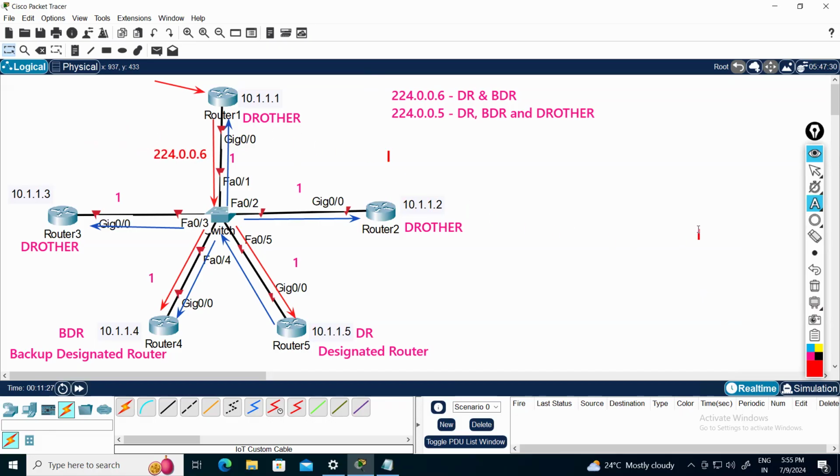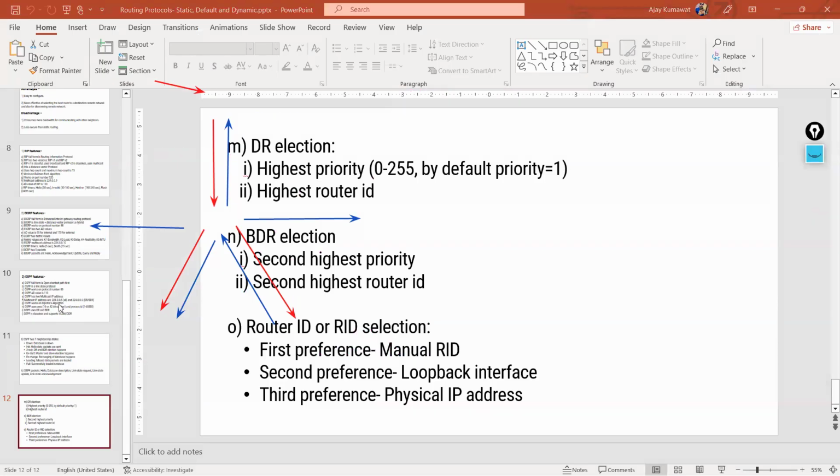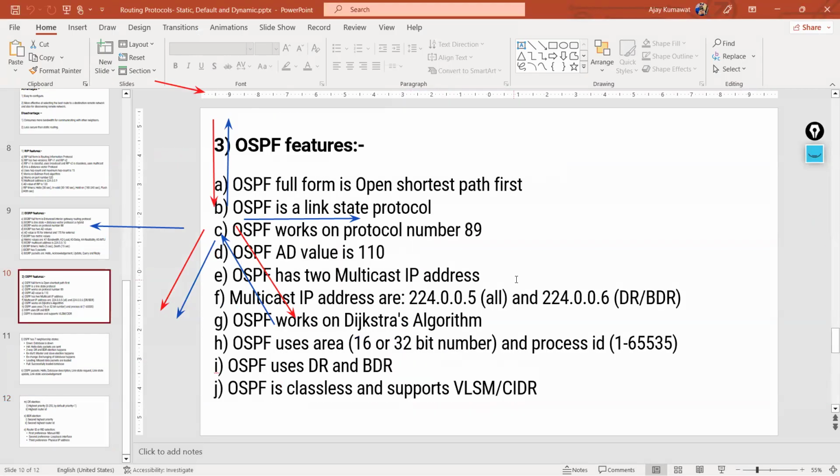And when your destination is 224.0.0.6, see here, traffic will go only to the DR and BDR. And when it is going to 224.0.0.5, everybody will receive it.